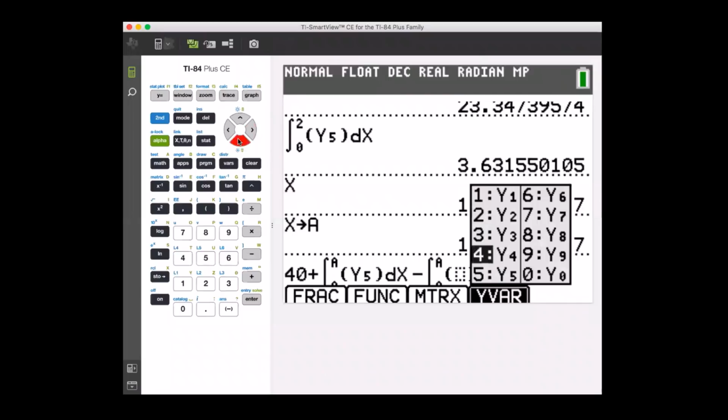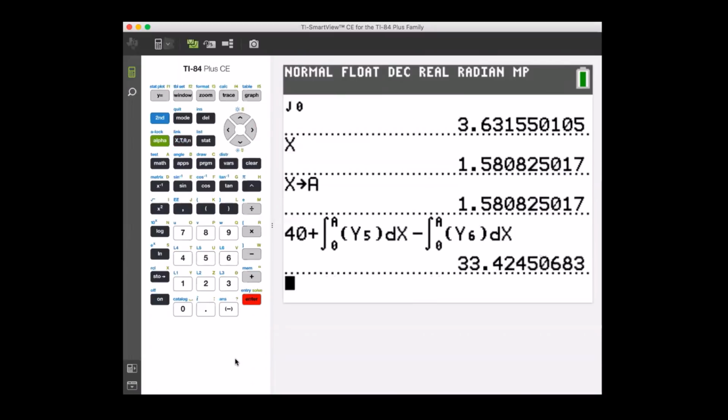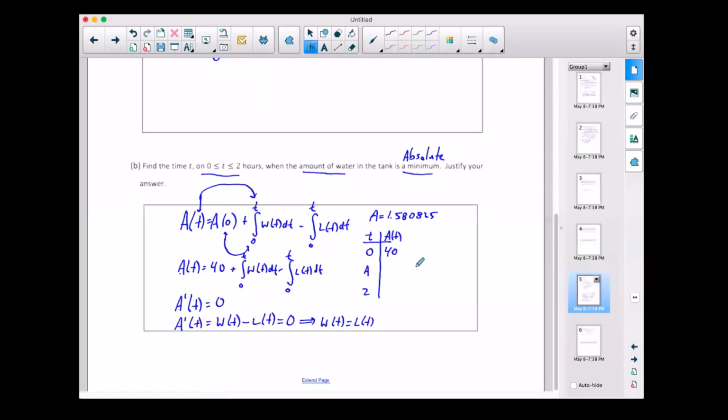So if we go down to Y6, right here, this gives me a grand total of 33.425. So I'm going to go back to my screen and type that number down in my table. So right here, it was 33.424506.